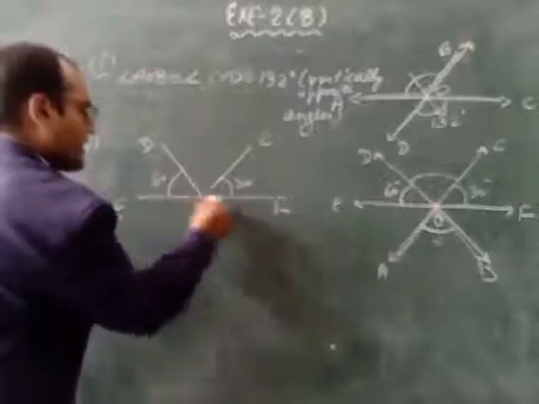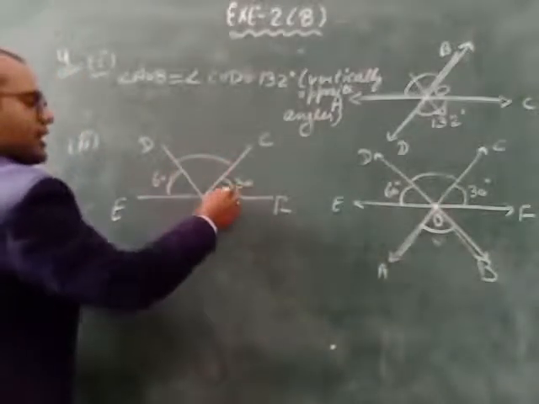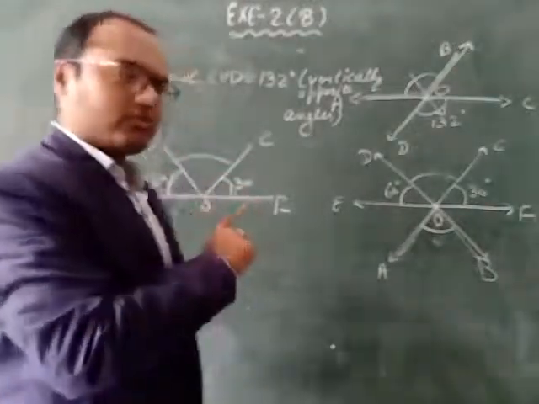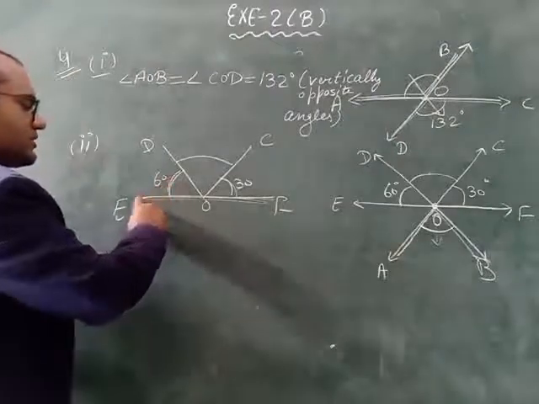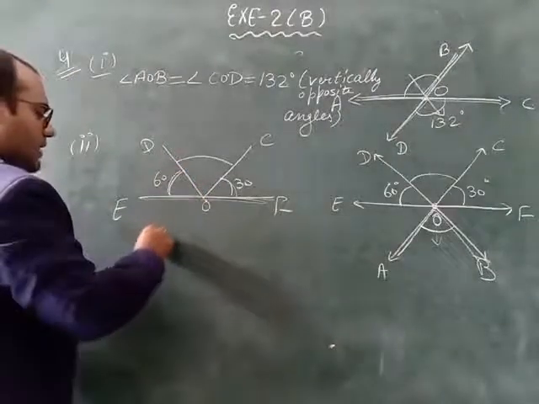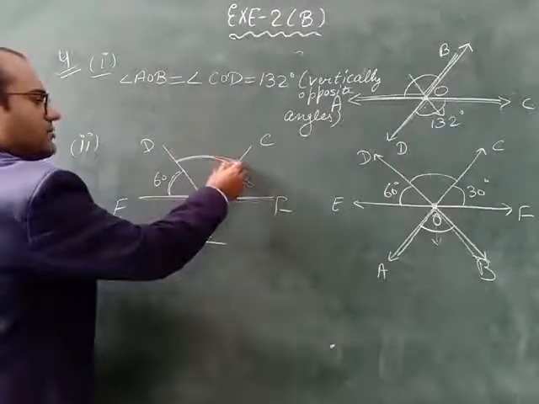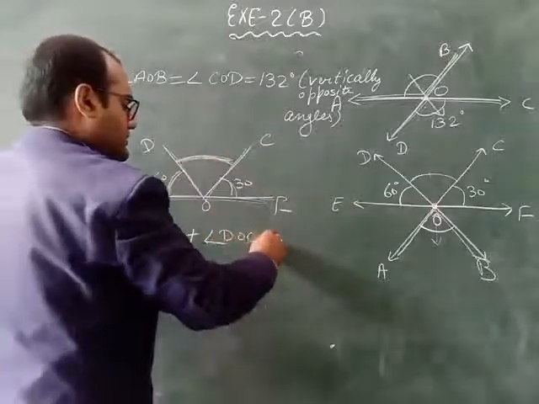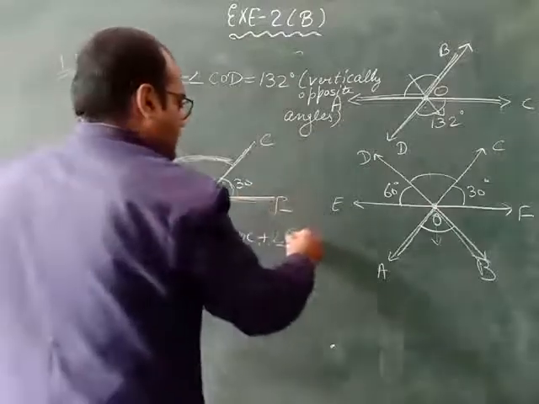Here this is a straight line. On the straight line 1, 2, 3 angles are coming. So in question number 3rd I explained you how you have to solve this question. Same method we will use here. Name of this angle is EOD, angle EOD, plus angle name of this one DOC, plus name of this angle is COF.